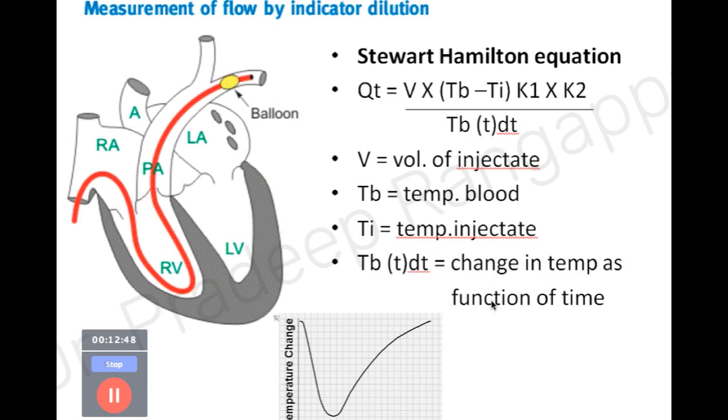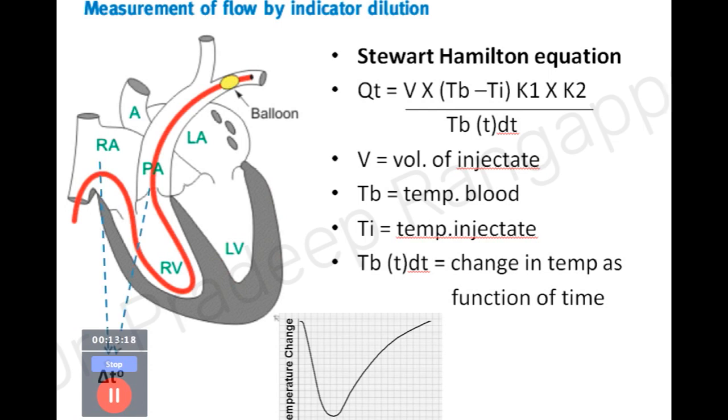Change in temperature as a function of time will create a thermodilution curve, and based on the thermodilution curve, all the other variables are derived. The calculated variables when we put a PA catheter are pulmonary artery pressure, cardiac output, and left atrial occlusive pressure. All the other variables which I'll show in the next slide are derived variables, which means they are calculated from the variables measured with the PA catheter.